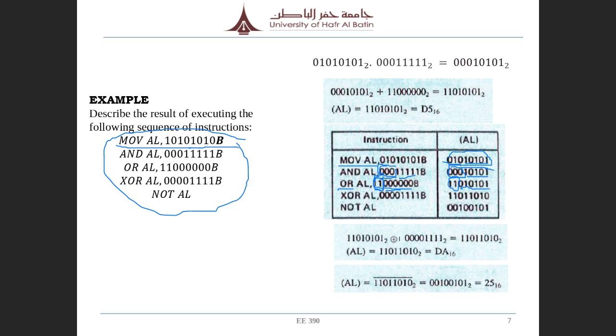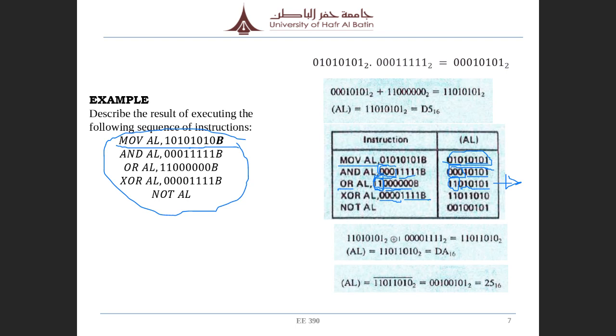And then about the XOR, look at here. We have four 0s and then four 1s. What will happen? What is the latest value of AL? This one, right? If we do the XOR operation of AL with 00001111, what will happen? I said before that 0 doesn't change the other bit, but 1 makes it complement.